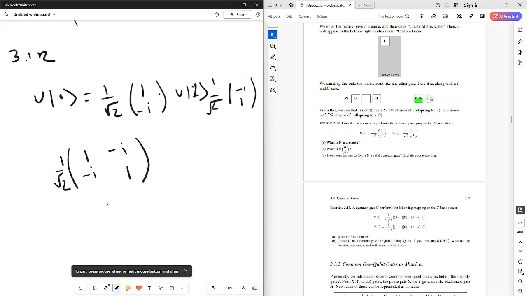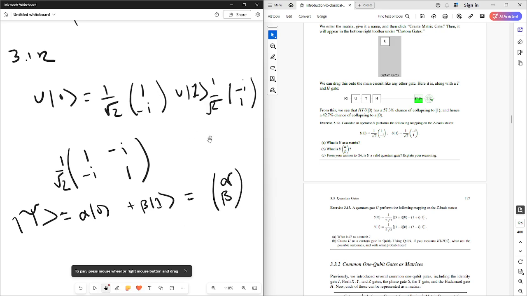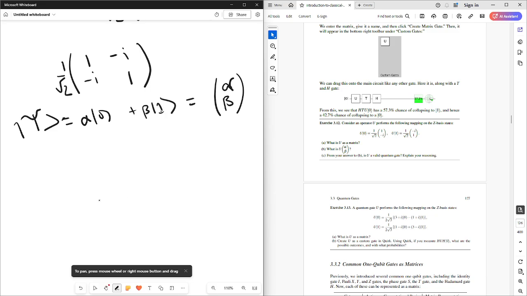What is U of alpha and beta? Again, we have some arbitrary state psi that is alpha state 0 and beta state 1. In column vector form, we have (alpha, beta). Now we're going to apply this onto here.